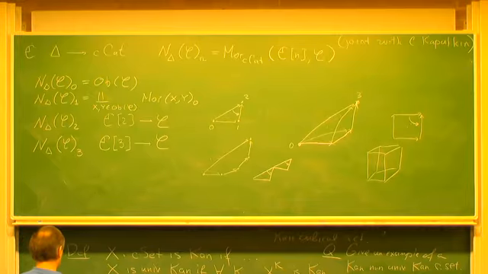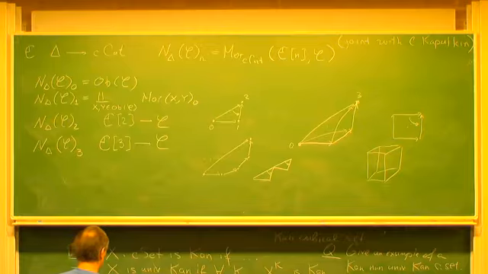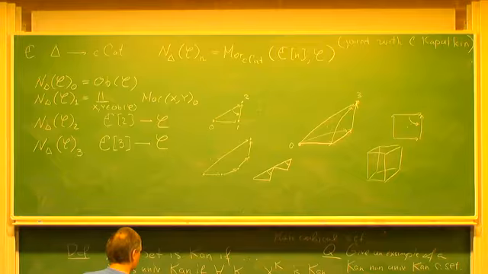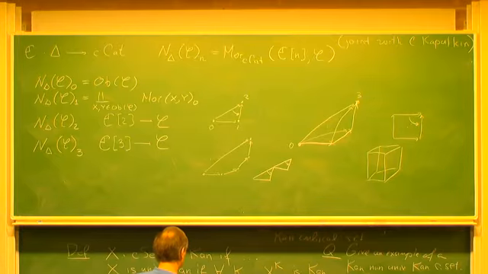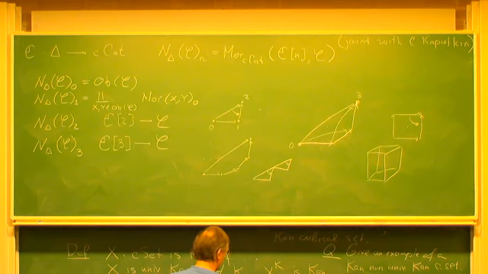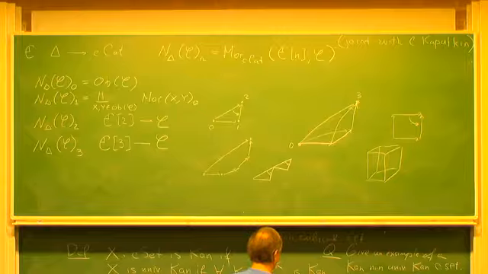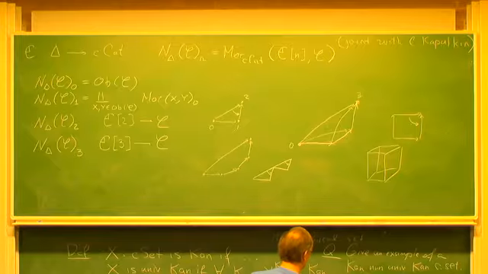So again, definition. A cubical category is locally Kan if all the morphism cubical sets are Kan.